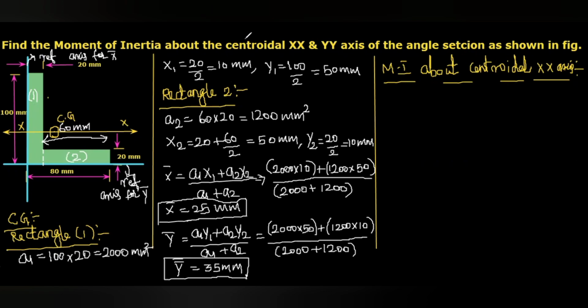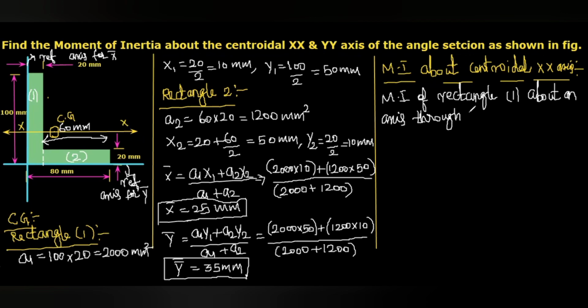Okay, so we are going to calculate moment of inertia of rectangle 1, that is the first rectangle, about an axis passes through its center of gravity. That means through CG1.